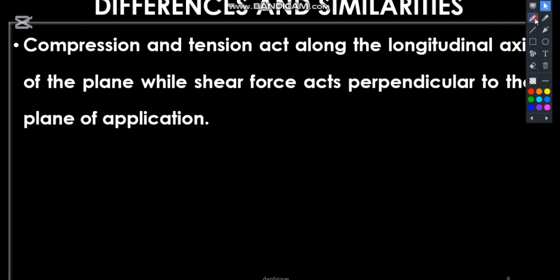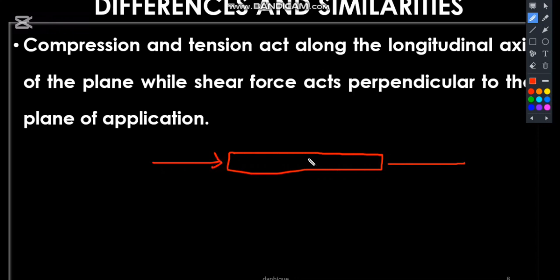So what we are saying in a nutshell is that if we have a beam or an object like this, the force that tends to crush the object is called compression.